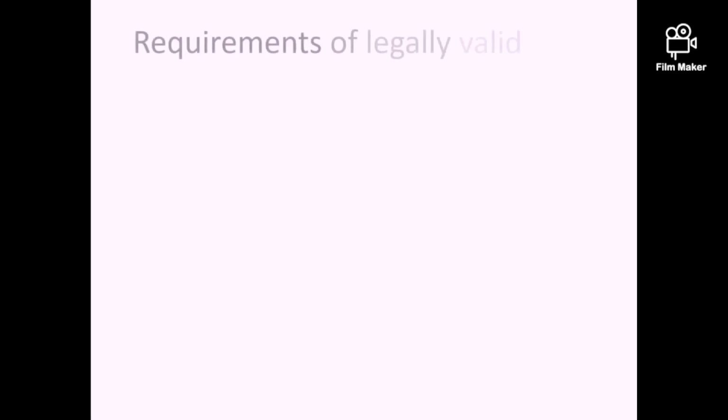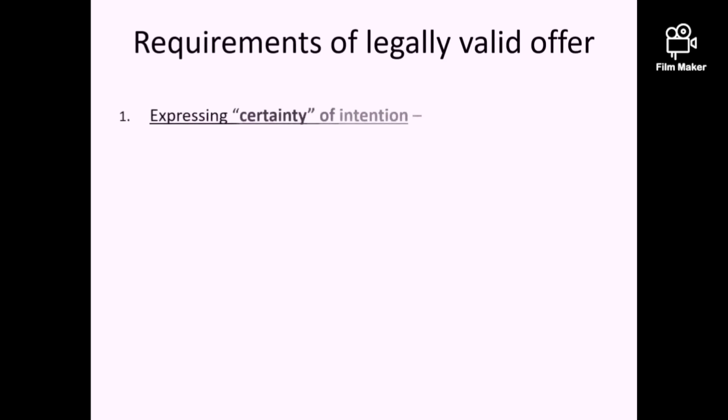To make a legally valid offer, we must fulfill certain requirements. The first one is expressing certainty of intention. That means you have to tell the person whom you're offering that you're sure you want to form a binding contract with him.